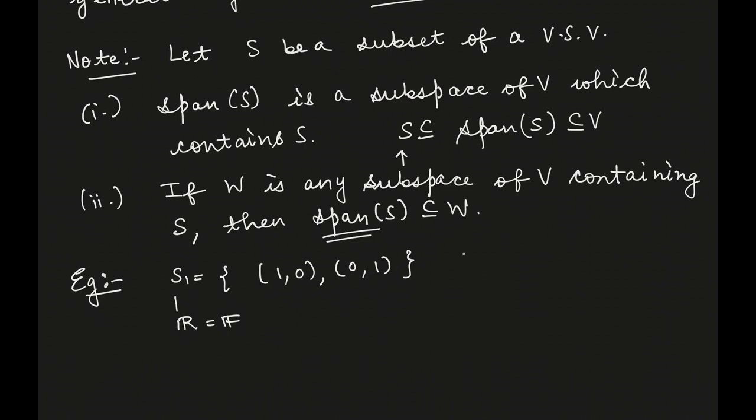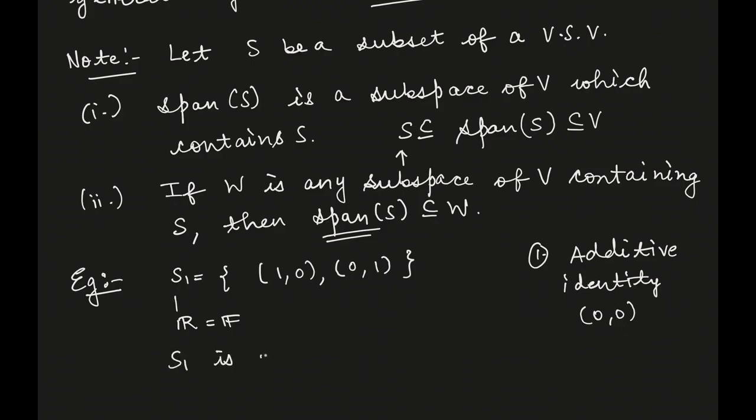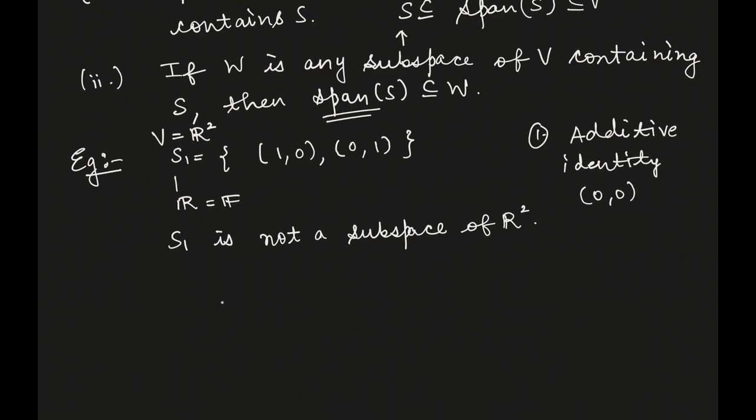For subspace, first thing you need to check is additive identity. Here additive identity is (0, 0). It is not present in this, na. So S1 is not a subspace of R square. Vector space V is R square. Is this clear?